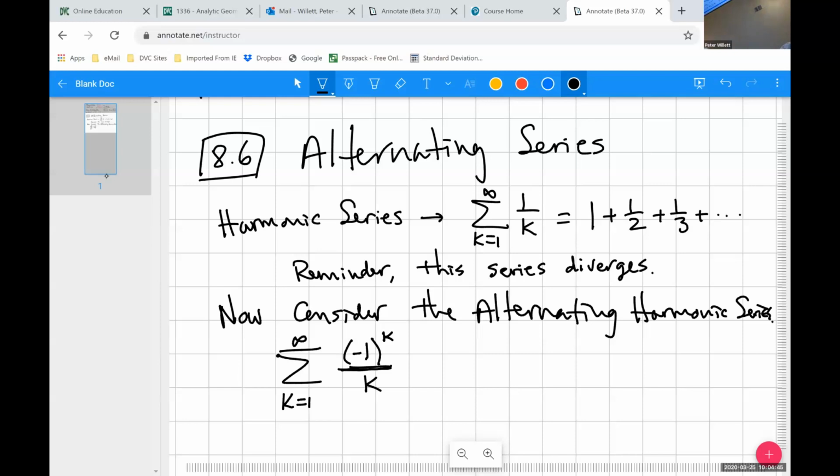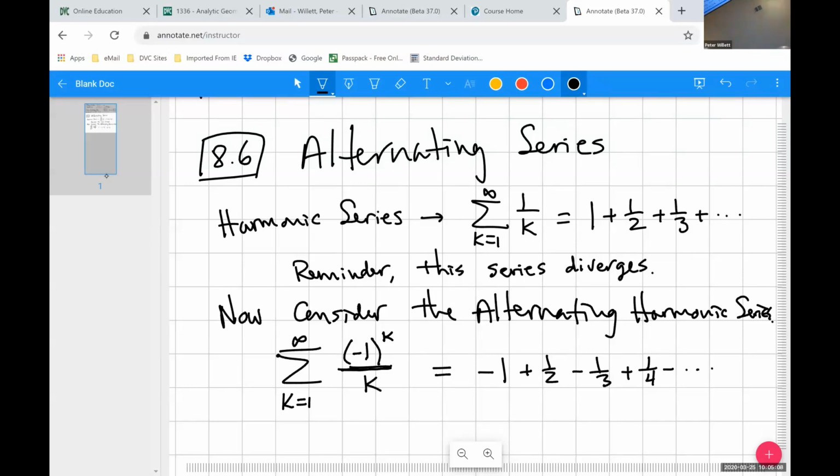Then the second term would be -1 squared, which is +1, over 2, which would be +1/2. So if I do this as it is written now, then what I'll get is -1, +1/2, -1/3, +1/4, etc.